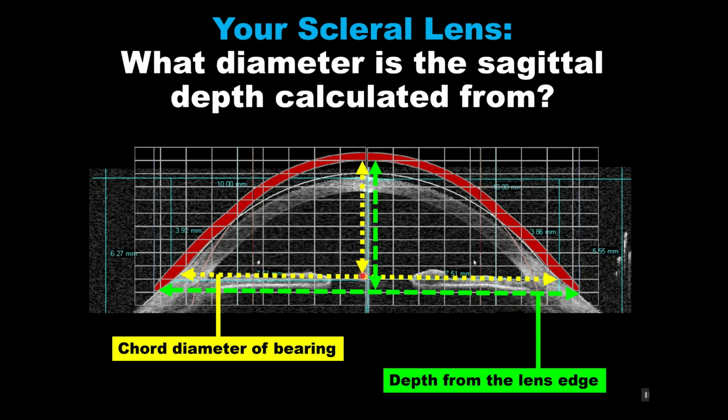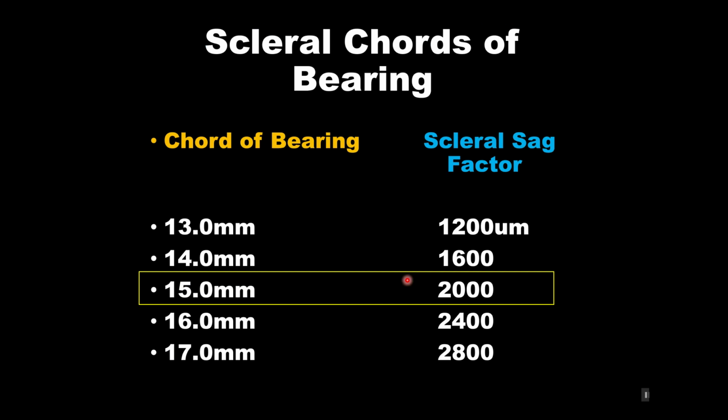Some scleral lenses, like the ICD and the Ample Eye lenses, measure from the point of greatest bearing, where it actually touches down on the eye surface, and what is the depth from that bearing point to the back of the contact lens. So if you know what diameter your scleral lens is using to determine its sagittal depth, then your formula will be more accurate.